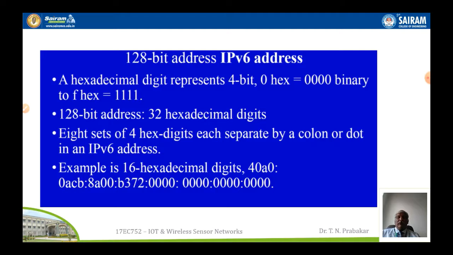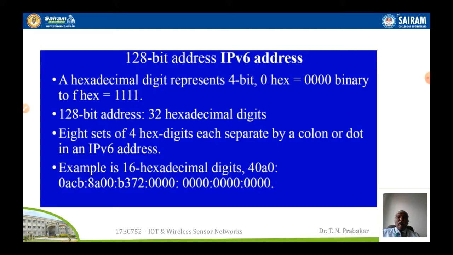Here what happens is, a hexadecimal digit represents 4 bits, right? So 0 hex is 0000, F hex is 1111, right? And it is a 128-bit address, which will have 32 hexadecimal digits, each having 4 bits. So 32 into 4 forms the 128-bit address.